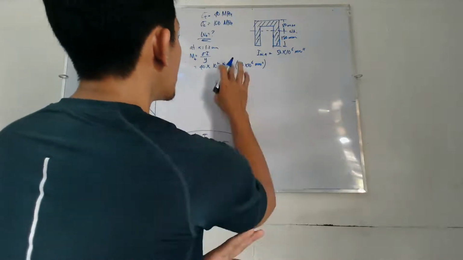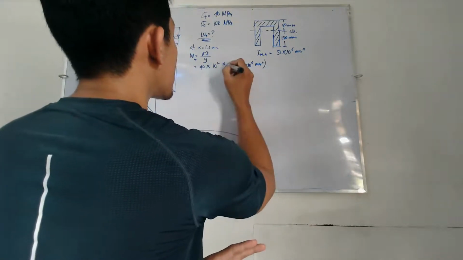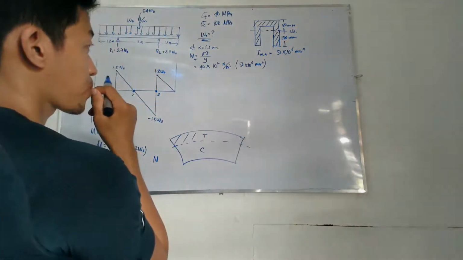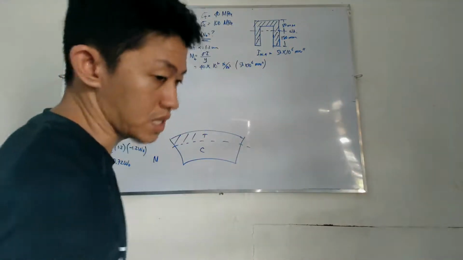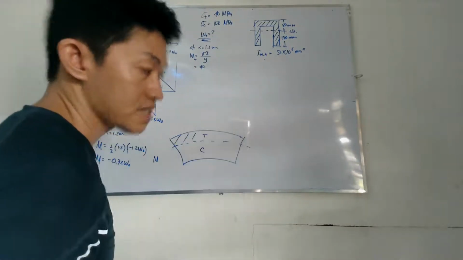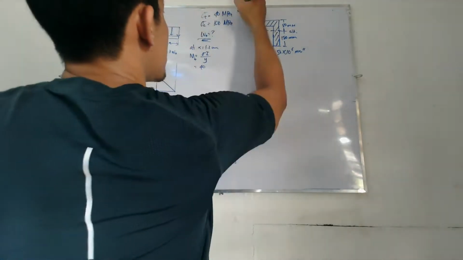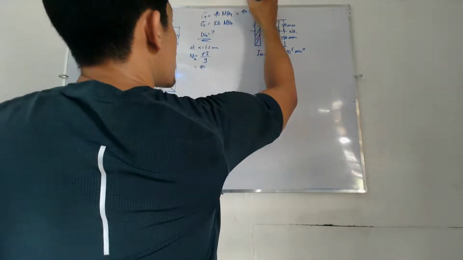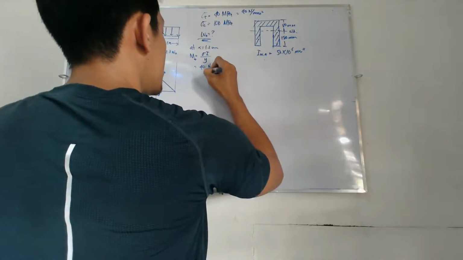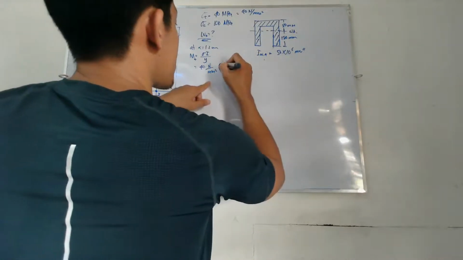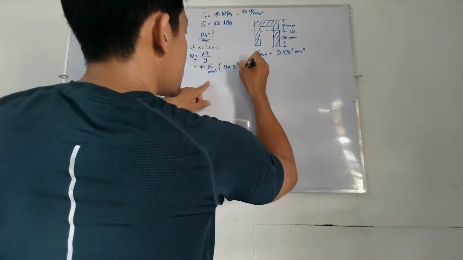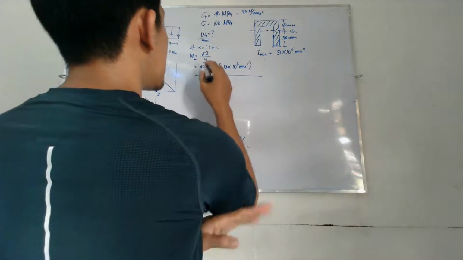Dili, m square ni. 40 ra, megapascal man eh. Equivalent pa nito sa 40 Newton per mm square. Newton per m square times 50 times 10 to the 6 mm to the 4th over y.